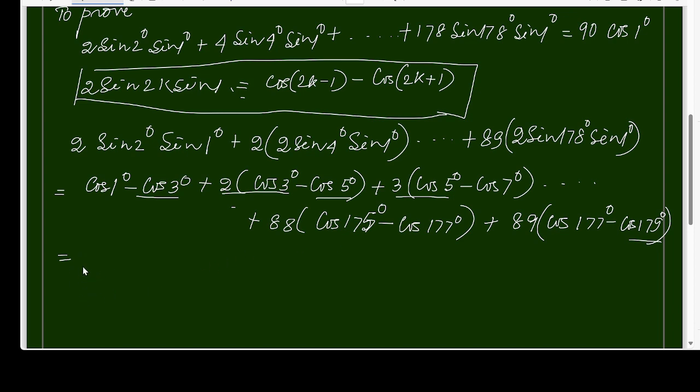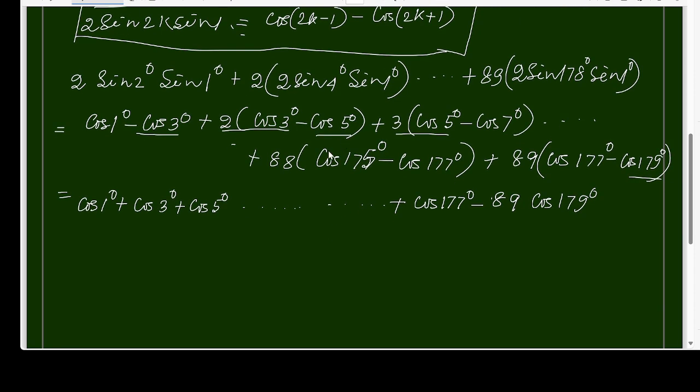So the ultimate result is cos 1 degree plus cos 3 degree plus cos 5 degree, and so on, up to cos 177 degree minus 89 times of cos 179 degree, and before that certainly it will be cos 175 degree.